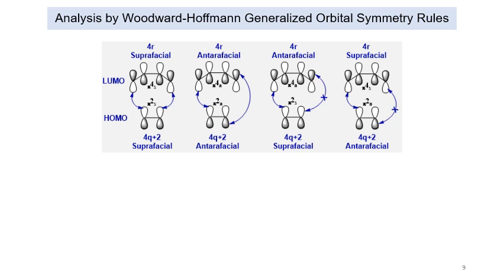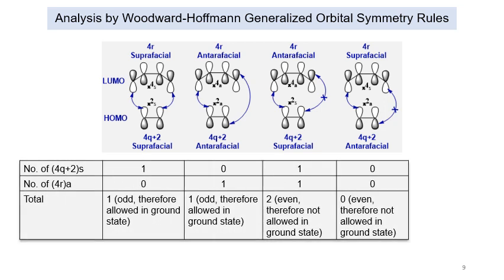And according to the Woodward-Hoffmann generalized orbital symmetry rule, we saw that the suprafacial overlap had one component in the 4q plus 2 suprafacial and 0 components in the 4r antarafacial. Therefore, the total was an odd number, and therefore this was allowed in the ground state. The opposite, the antarafacial approach, was also allowed in the ground state.